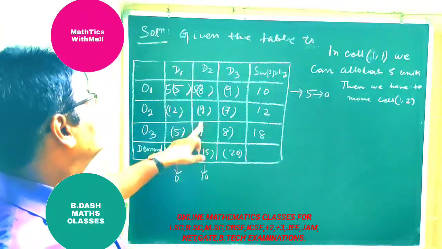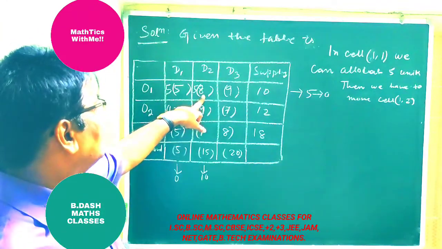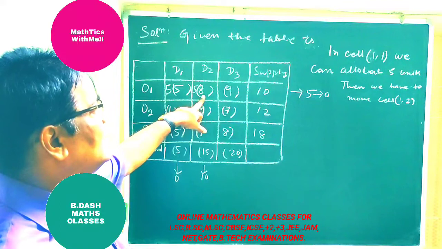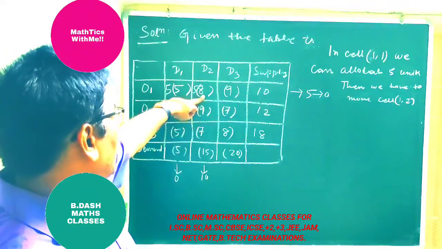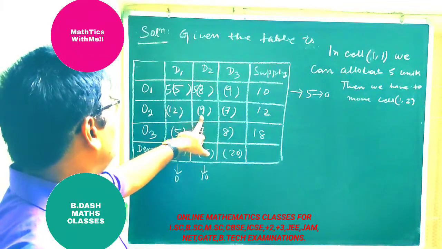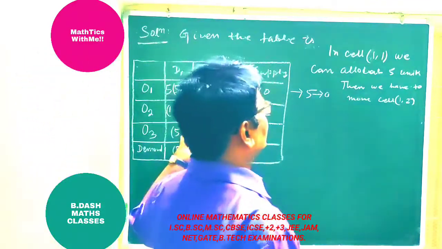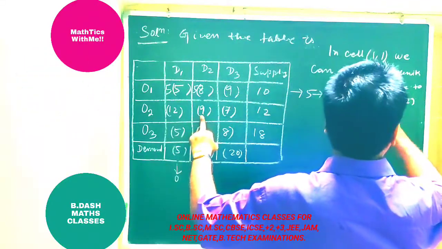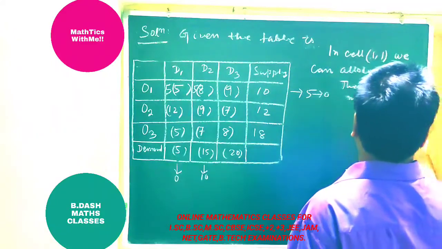So after allocation in cell 1 2, we have to move to cell 2 2.